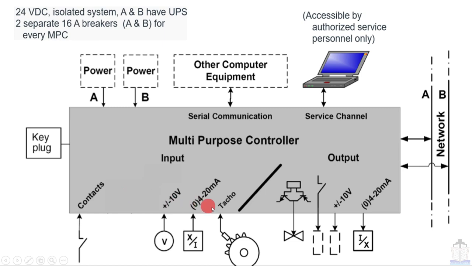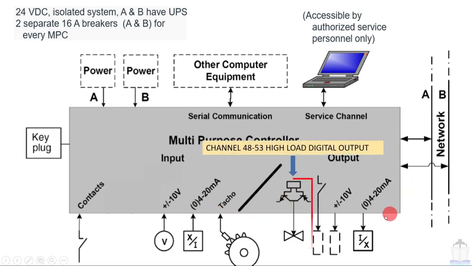Now moving to our output section. The first output shows channel number 48 to 53, high load digital output. That means if you want to operate any solenoid valve or any IP converter like that, then you need a high load digital output that is driven by channel number 48 to 53, and the symbol is like this.